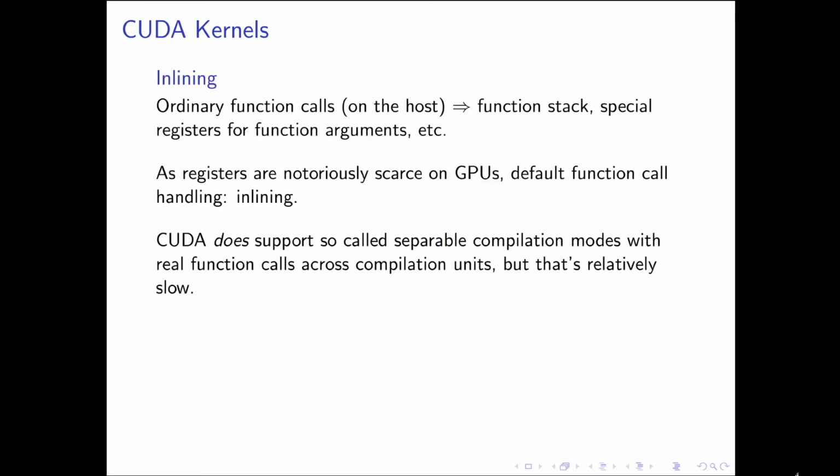One other remark about device functions, those called from within a kernel, is that they are usually inlined by the compiler. That has a reason, and the reason is the scarceness of GPU registers. Recall how a typical function call is implemented on the CPU: it involves several registers.